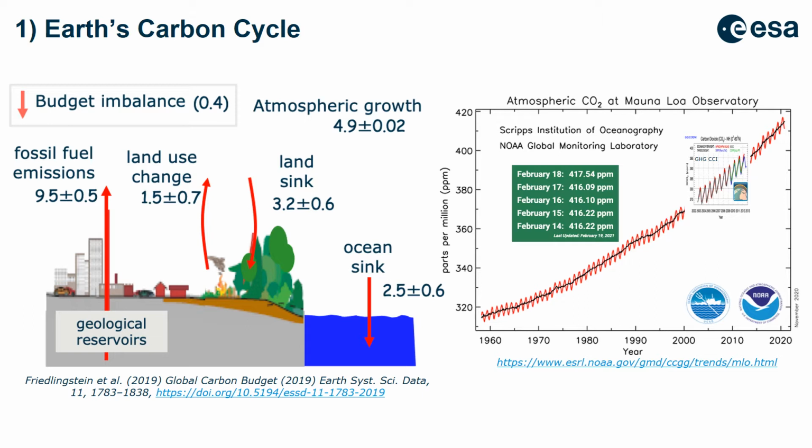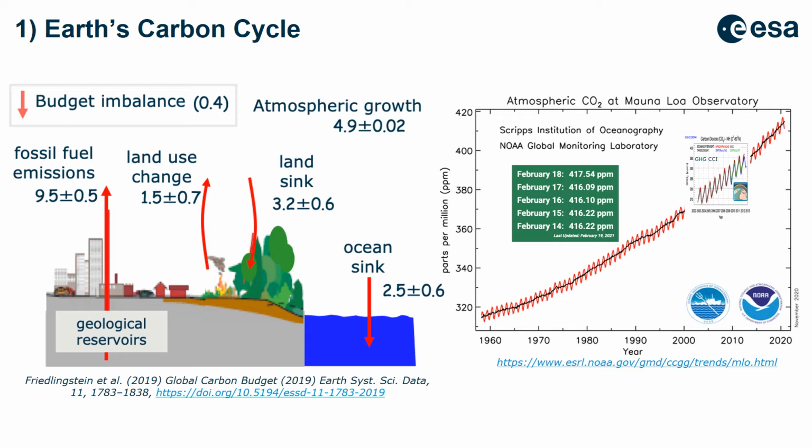Now, as shown in the right image here, we have the increasing atmospheric CO2 concentrations at the Mauna Loa Observatory in Hawaii. And we can see that the atmospheric CO2 concentrations have been steadily increasing since the Industrial Revolution, but certainly on this time series since the 1960s, and we're now up beyond 400 parts per million at the moment.